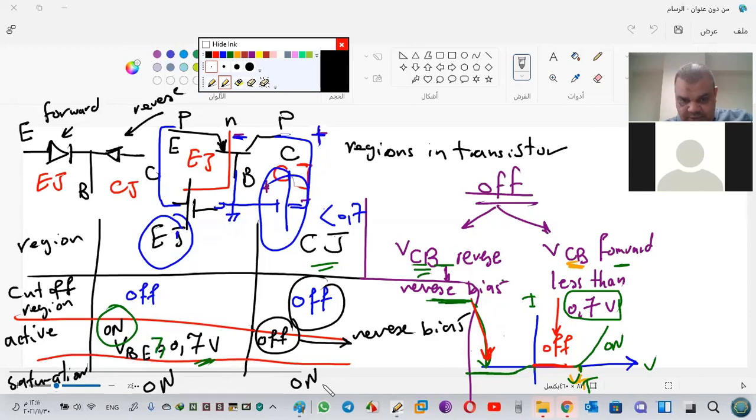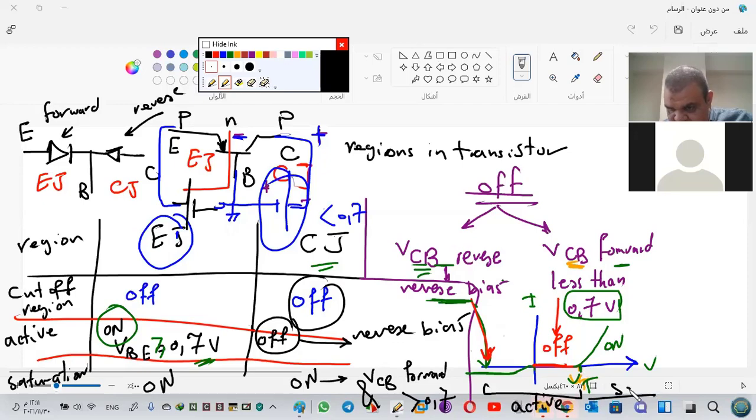On here means V_CB forward and bigger than 0.7. So see here, this is active. See here, it is saturation.